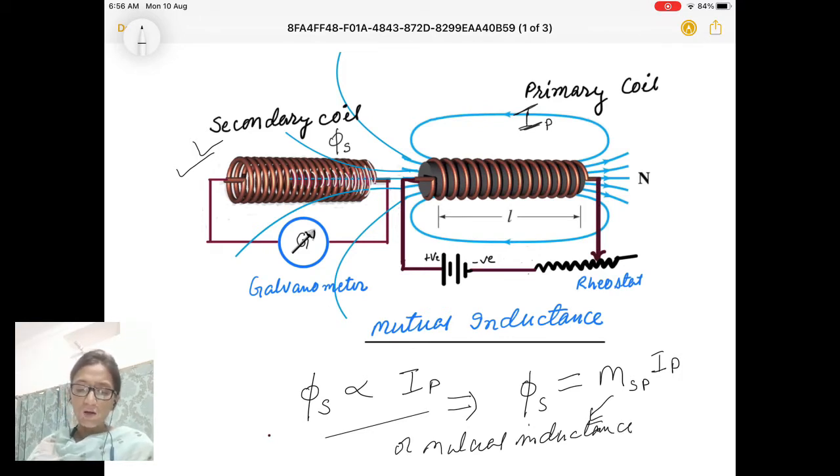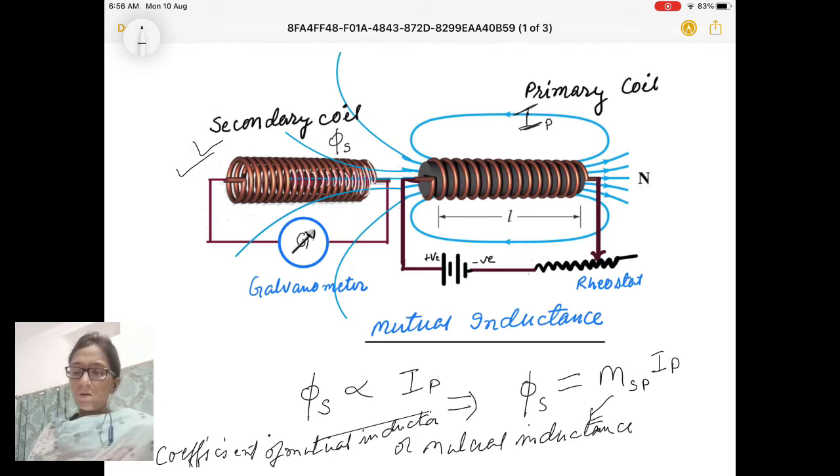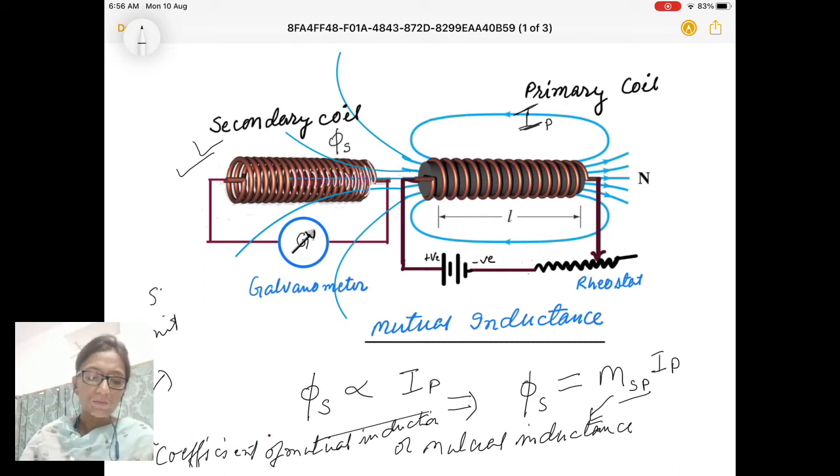It is also called the coefficient of mutual induction. So when you use two coils, you have the constant called mutual inductance, and it has the unit Henry, the SI unit.